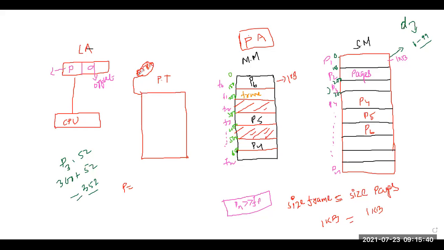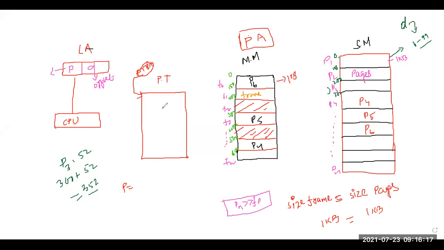So that will be stored in a PTBR, page table base register. There is a register, which is called PTBR, page table base register, which is going to store your page table address or base address. Okay, now if you say program P, this will store the base address of the page table of program P. Third point, the number of blocks of the page table depends upon how many pages my program has.